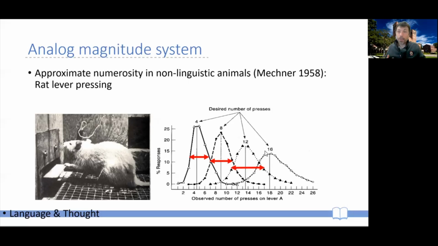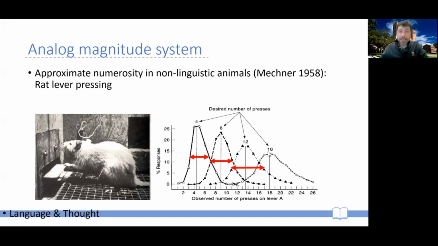Again, this is an approximate numerosity. So it's around 8-ish or 16-ish, it's not an exact number. And the larger this number becomes, the more your sense is just, ooh, that's a lot or that's little.